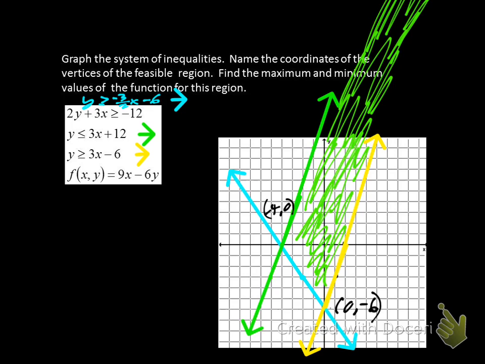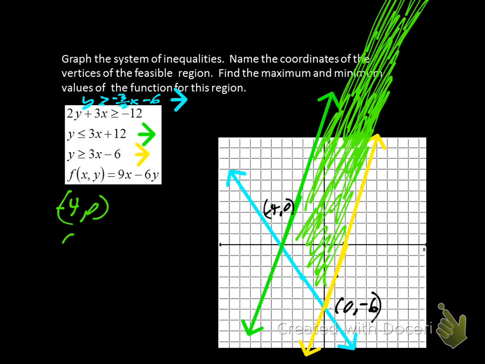I'm being obnoxious right now, but I'm also making a point. You only have to shade up to right there. Your process from here stays mostly the same. Still take your two coordinates, negative 4, 0, and 0, negative 6.